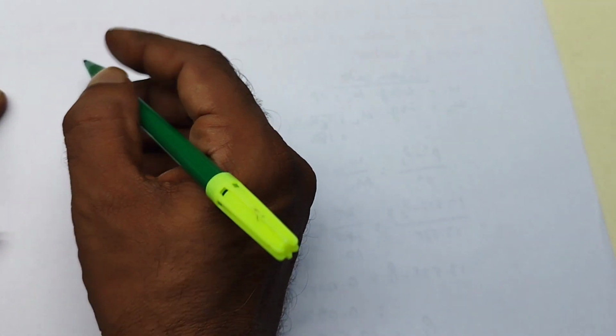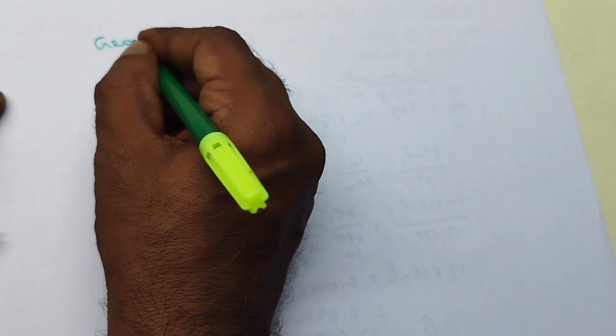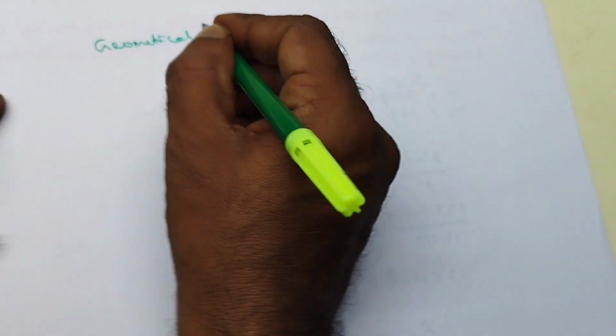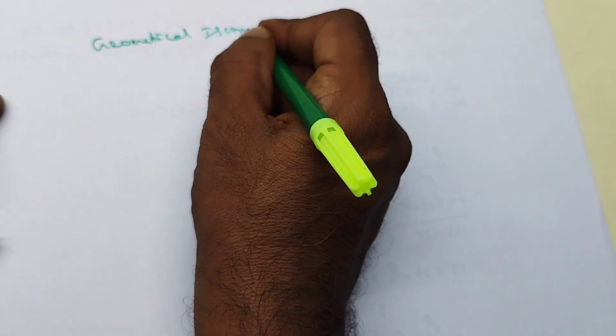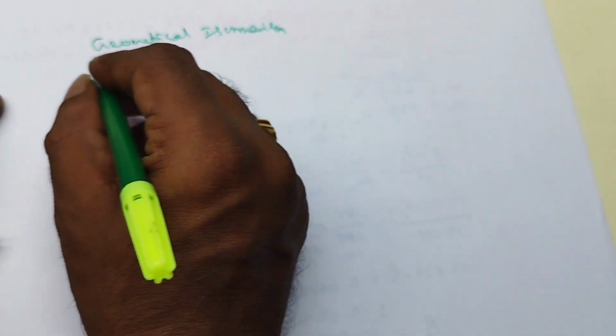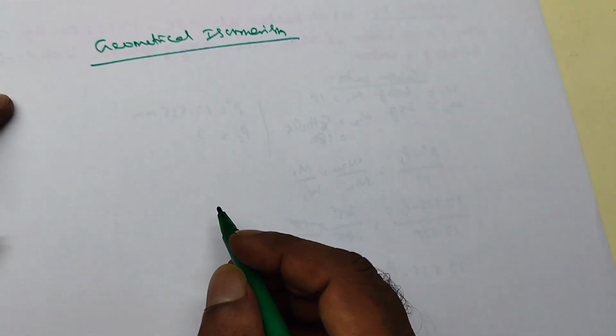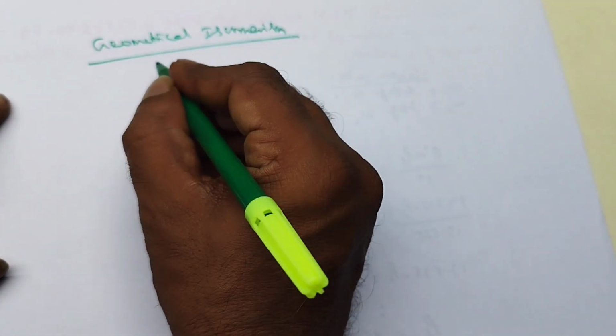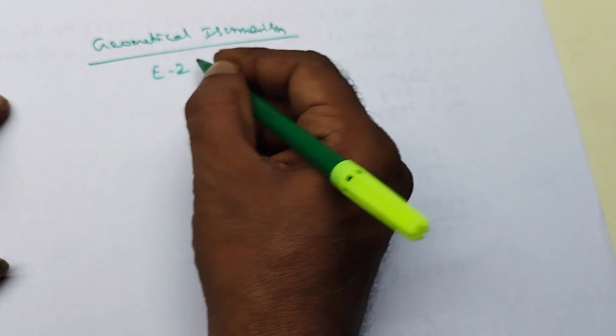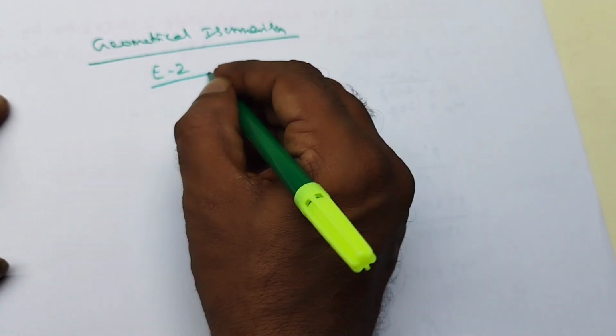In geometrical isomerism we also have what we call E-Z notations.